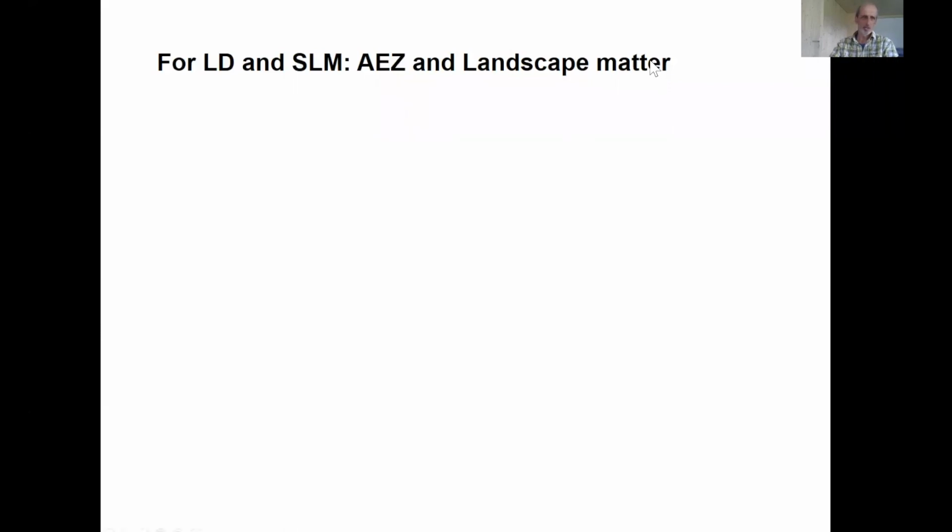Coming to the conclusions. For land degradation and sustainable land management, agroecological zones and landscape matter. Agroecological zones help for broader differentiation. We have to know whether we are in the tropical environment on mountain situations or whether we are in the Mediterranean zone.